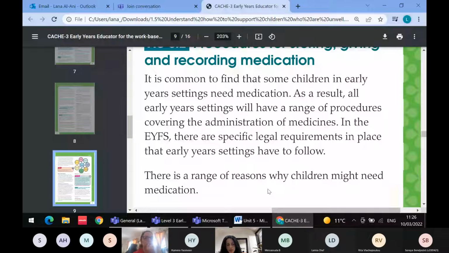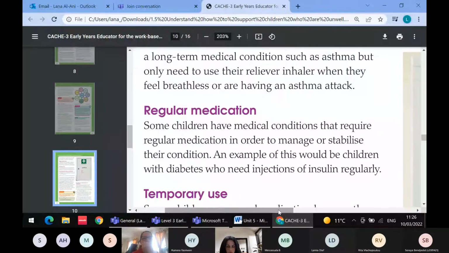If it was a long-term medication, such as for asthma, the children need to be able to use it at all times. So we need to have it in a specific place, so it is very easy to access when there is an asthma attack. We can get it fast.